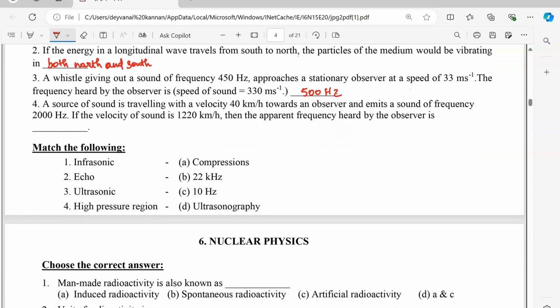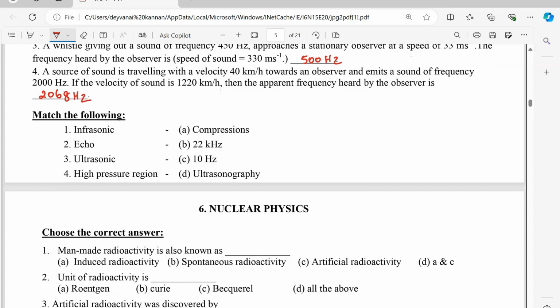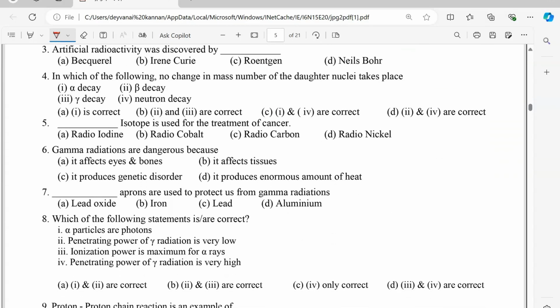If the velocity of sound is 1220 km/h, then the apparent frequency heard by the observer is 2068 Hz. Match the following: infrasonic, 10 Hz; echo, ultrasonography; ultrasonic, 22 kilohertz; high pressure region, compressions. Now let's see the nuclear physics answers.